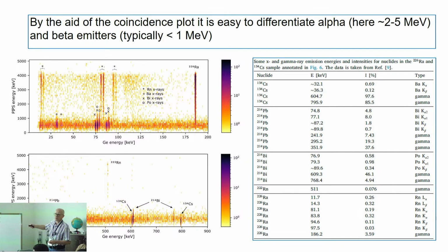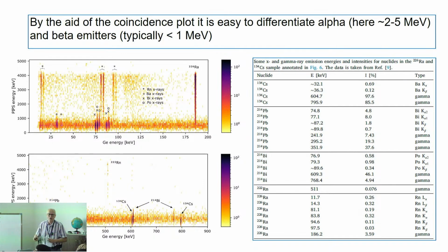You analyze these gammas in the lab. So here you can see the peaks, three peaks, but they are not located here at the energy of 4 or 5 MeV. This case shows that there are radon peaks also.